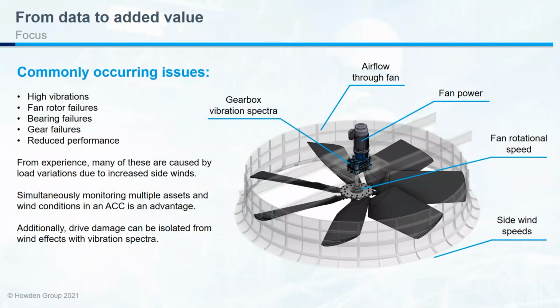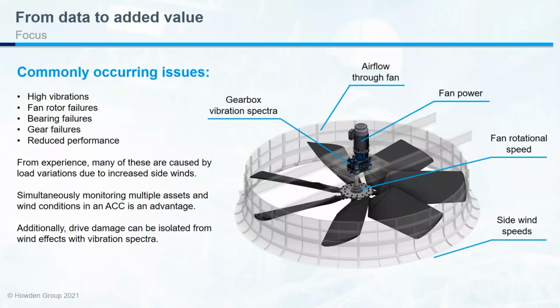Yeah, additionally, with cooling fans, we want to be running comparative analytics between identical assets as well. As we know, the vibrations are usually affected by side winds, so we will be able to detect when vibrations are caused by the wind, or if they are actually an indicative problem of the fan itself.